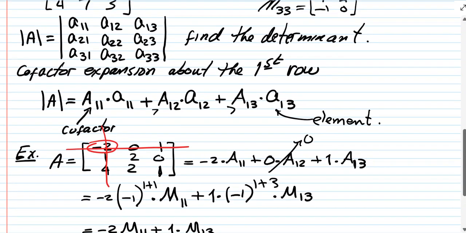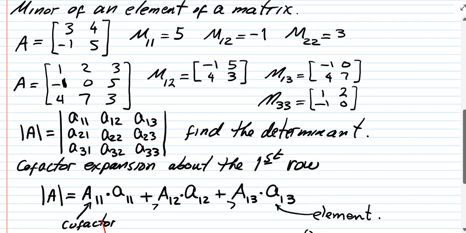Again, the minor is the determinant. Let me fix this here too. This is going to be the determinant of these. I was just showing you what the matrix was, but these are actually determinants.